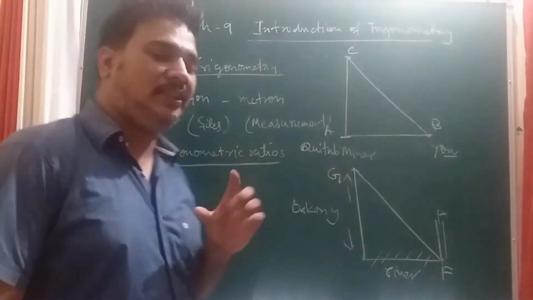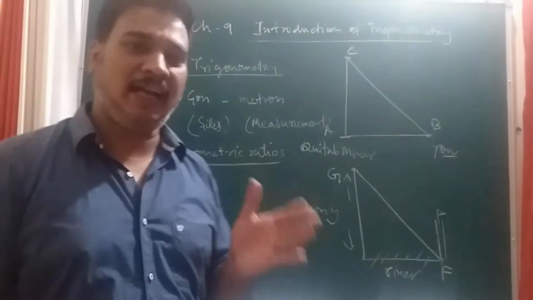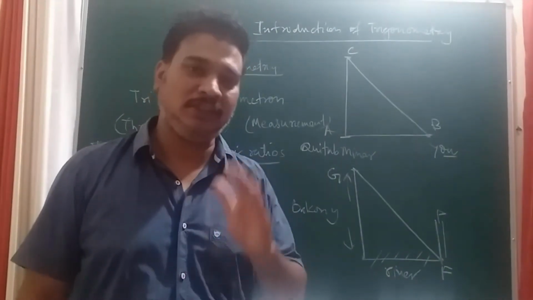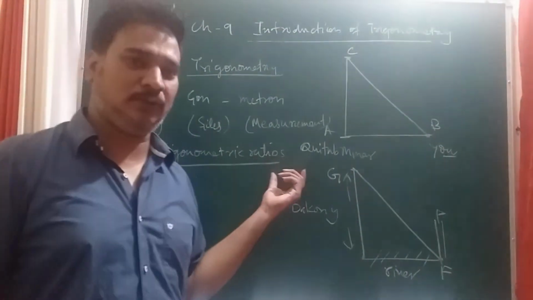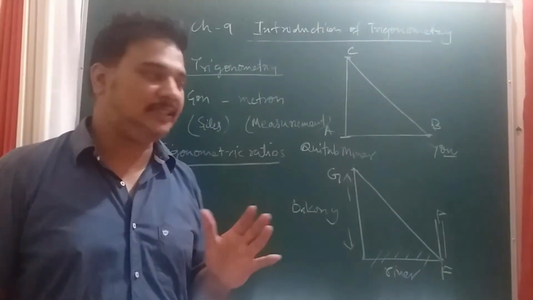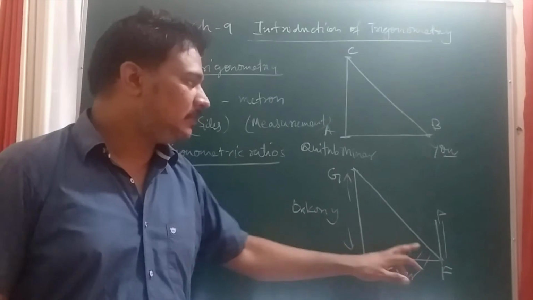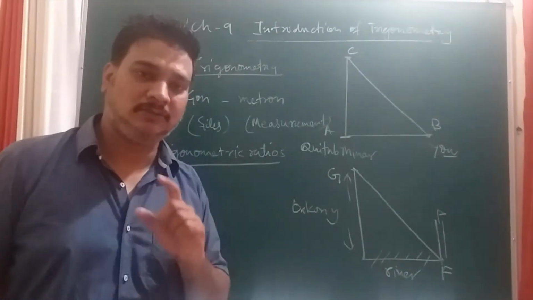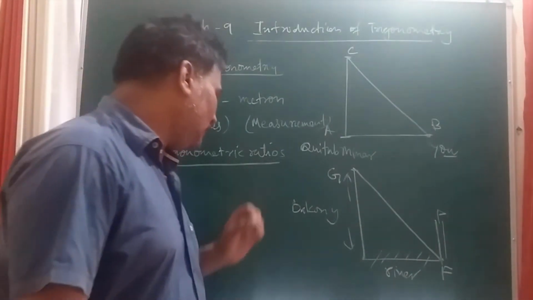There is a relation between sides and angles which is called trigonometric ratios.